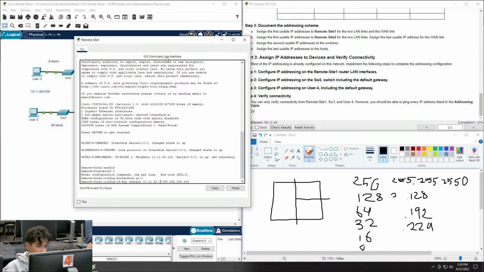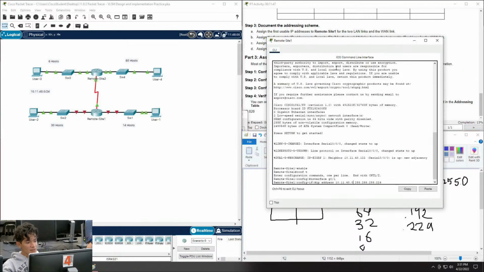And now, since the IP addresses 1 through 62 are all for the subnet in switch 4, we would want to use the one after that. So the network after that would be the network after 64, which is 65.